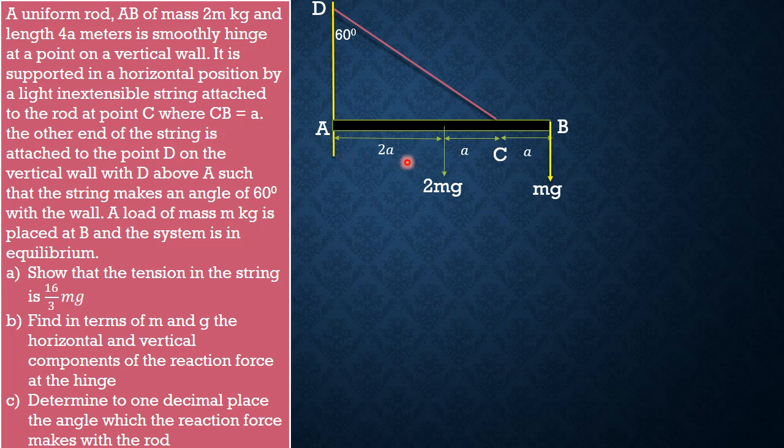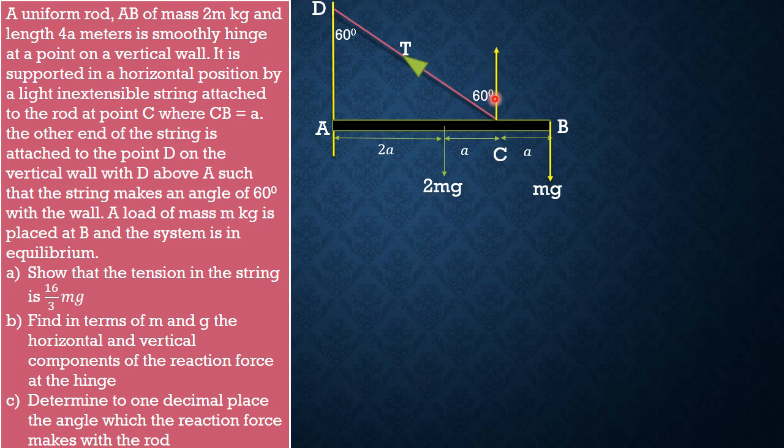Then friends, we also have to insert these quantities. The string should also have some tension. We can call that capital T. Great. Then we should know that this angle is 60 degrees.